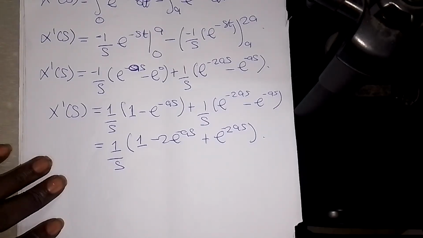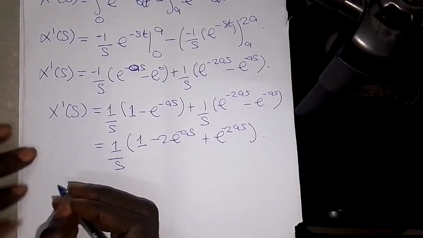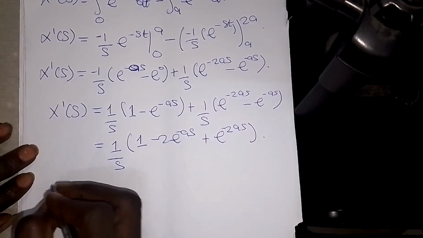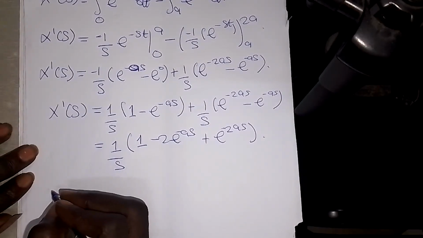So now, if you have this one, what we can just do is multiply our x of s by that particular value, and then we can actually have it.